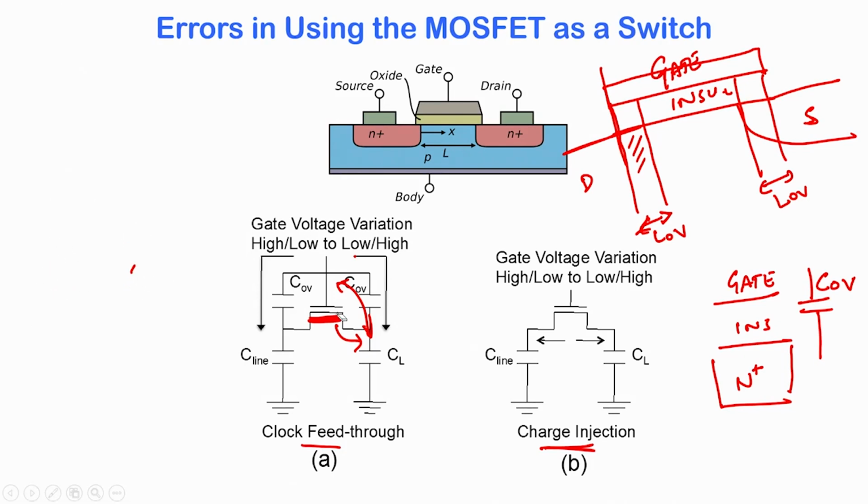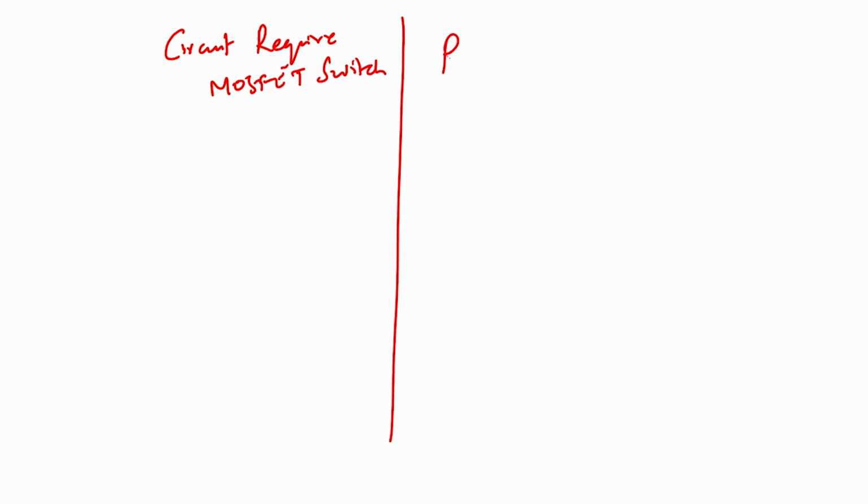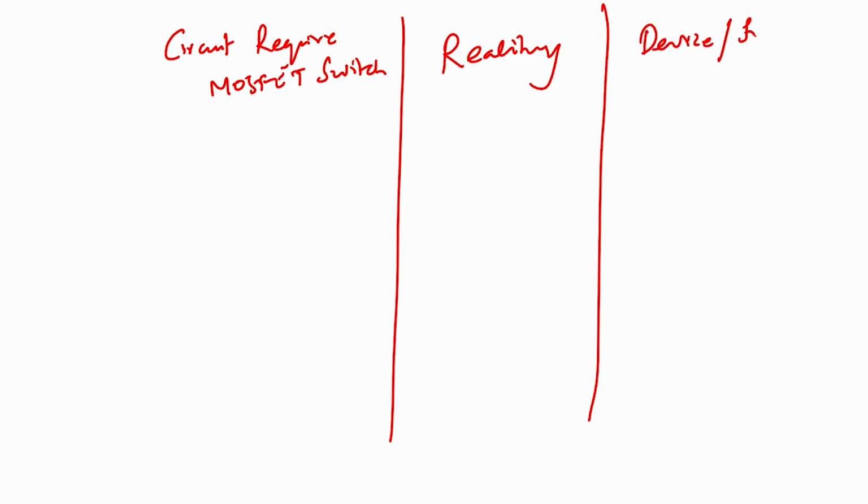So, with that, we will conclude our discussion on the use of the MOSFET as a switch. To summarize, let us see what connections we can make between the circuit application, the circuit requirements of the MOSFET as a switch, the reality of what can be expected, and the device or solid state physics, or the property that governs this.